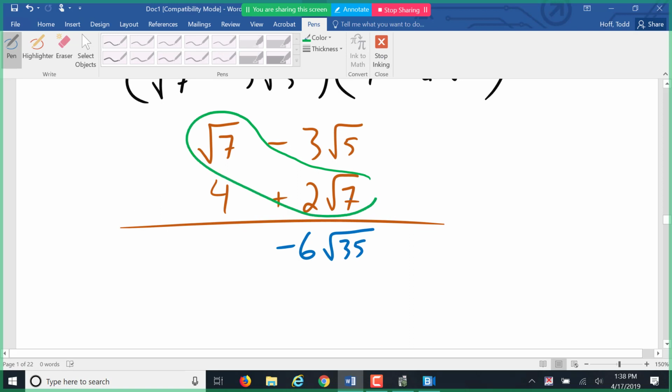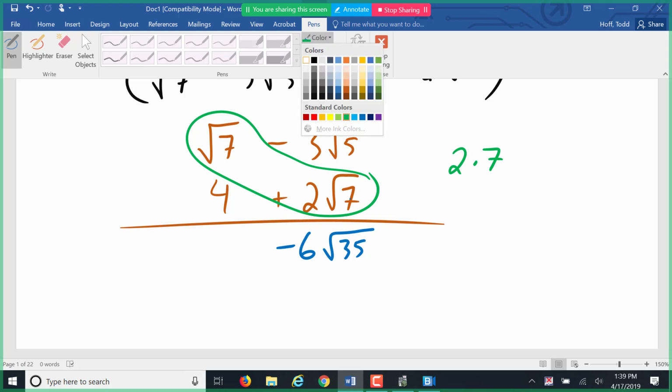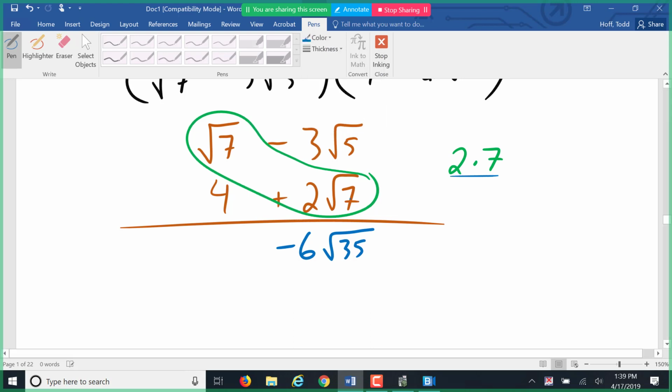Here, however, 2 square roots of 7 times the square root of 7. 2 times 1 is just 2. Square root of 7 times the square root of 7, however, is 7. So 2 times 7 gives us 14.